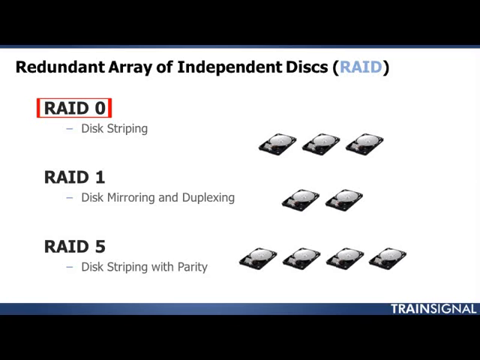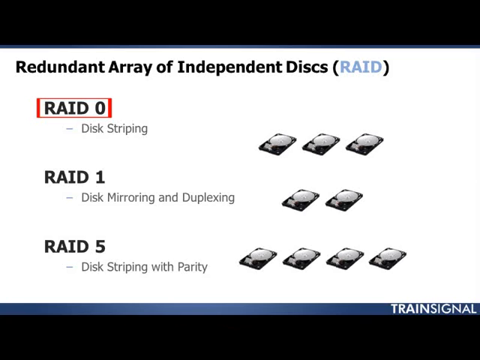Now, why do we do this? Right? I just told you it's not fault tolerant. Well, the reason is for performance, specifically the read performance. Now, sometimes you can gain performance when it comes to writing, but specifically the read performance is improved, and the reason why is because if you have what's called bus mastering hard disks, which pretty much all hard disks in today's world are, you have the ability to go ahead and read from all the disks simultaneously.